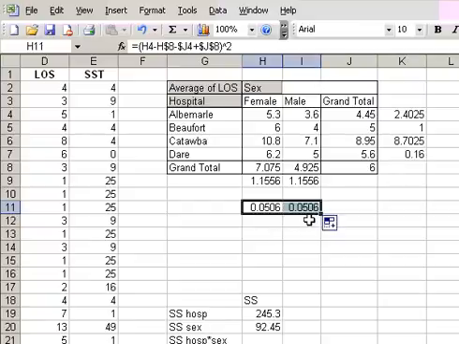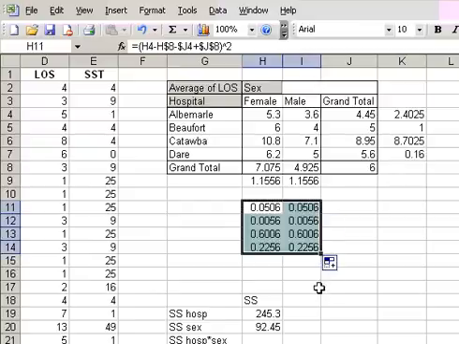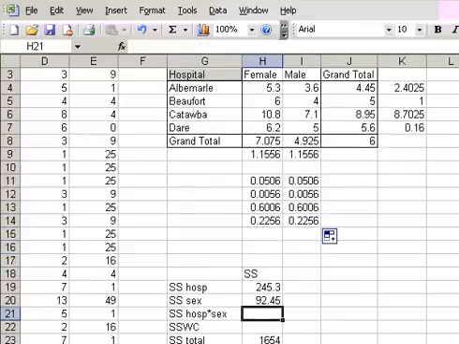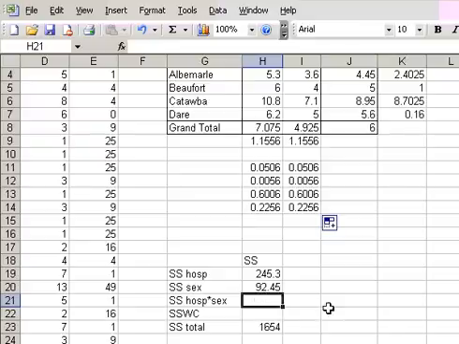Now I'll drag this to the right and drag it down 4 cells, and these are all the values that will be summed in this cell right here, H21. Now each of the values in the original data are averaged over 10 people.